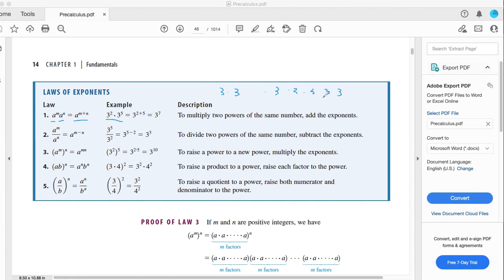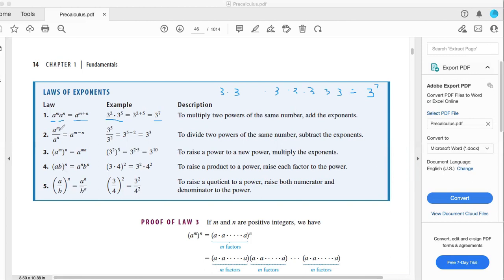In total, how many 3s do we have? We have 1, 2, 3, 4, 5, 6, 7. So that's why we have 3 to the 7th. We just add the exponents, giving 3 to the 7th. So this is the first rule.